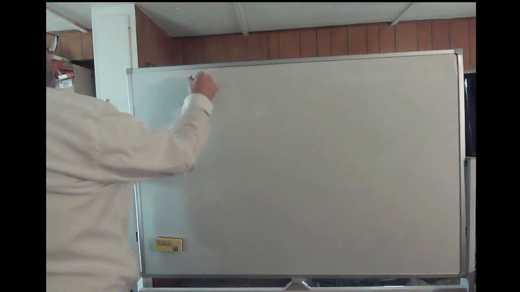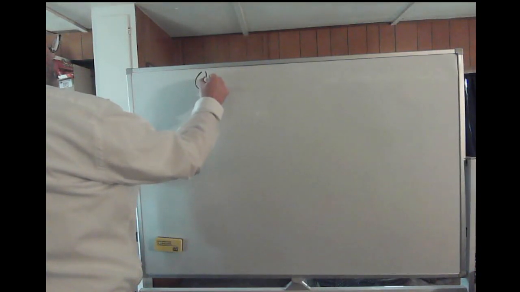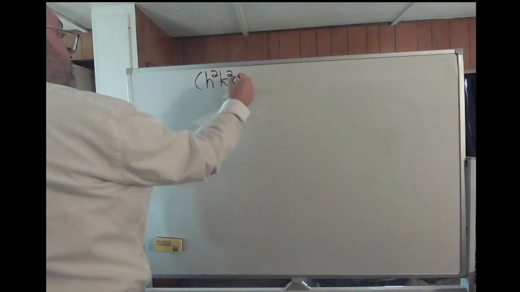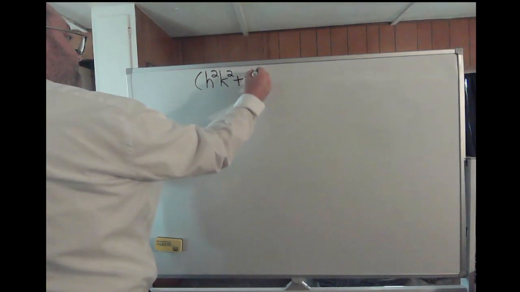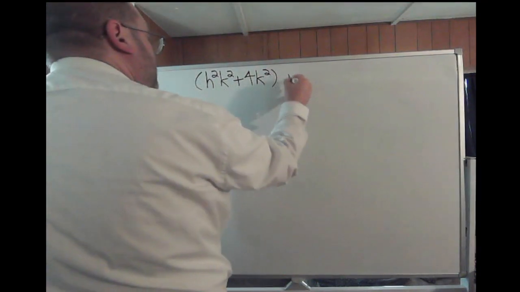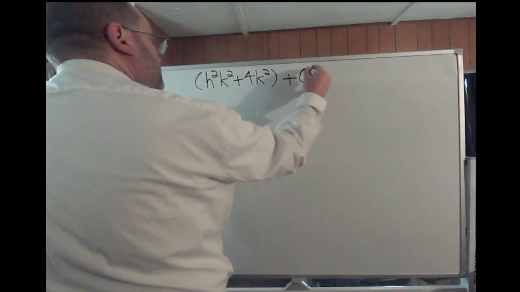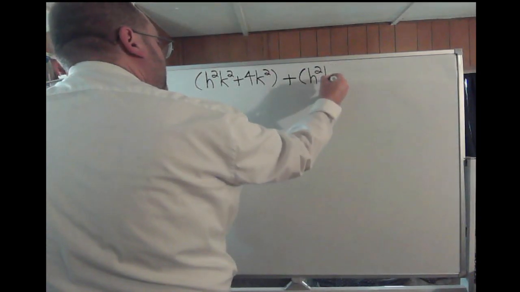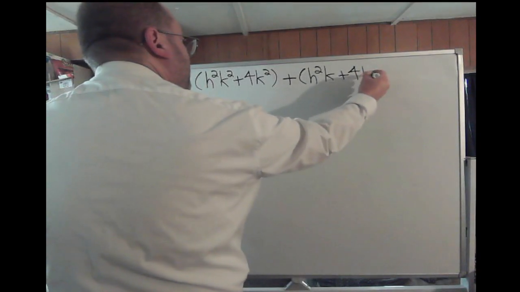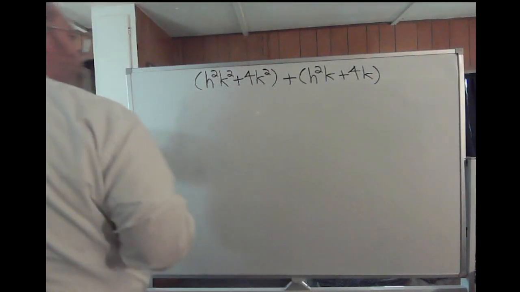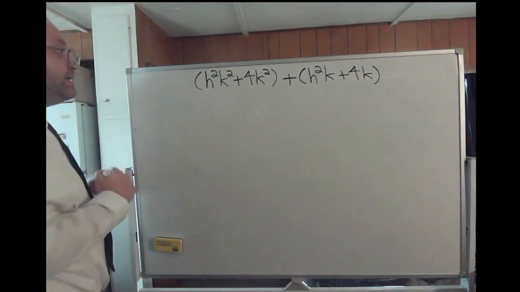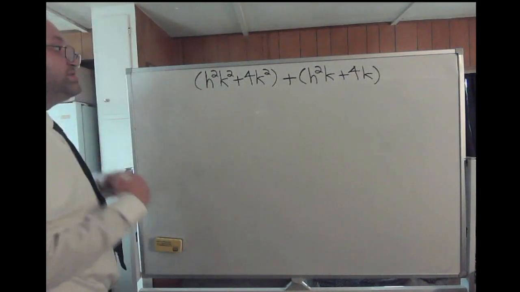Alright, 4 more. We have the quantity of h squared k squared plus 4k squared, that quantity, plus we have h squared k plus 4k. They kind of already separate it into two groups of two terms for us.